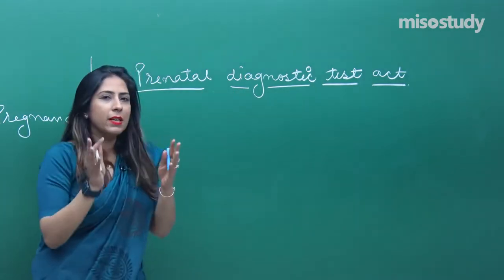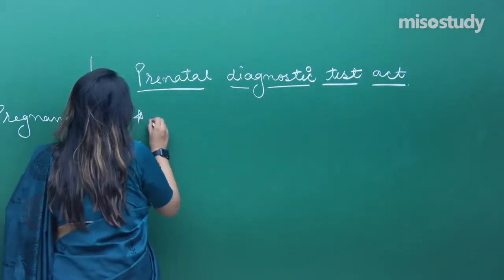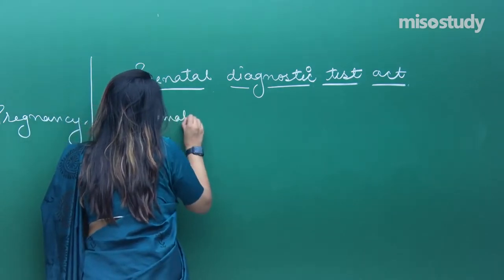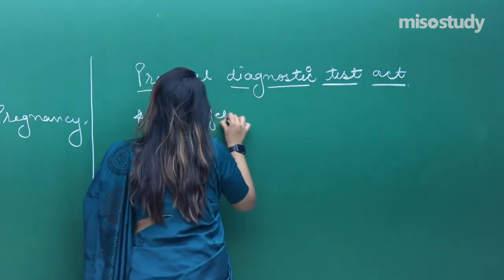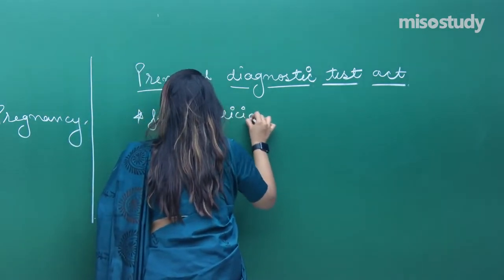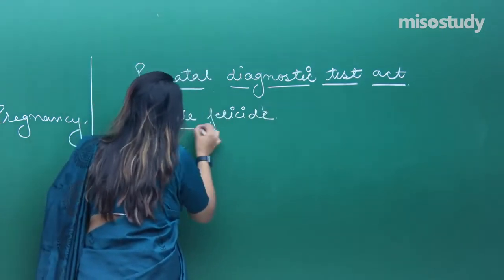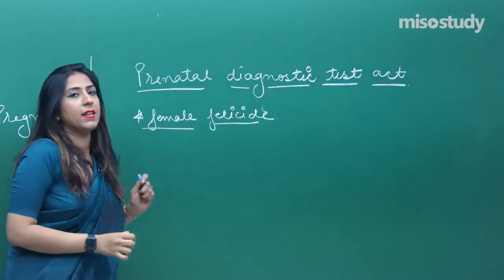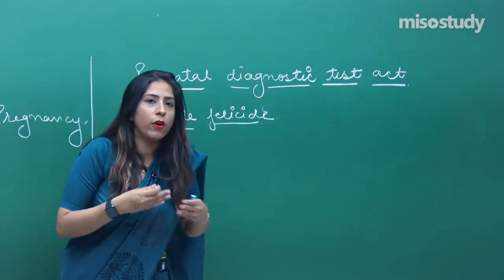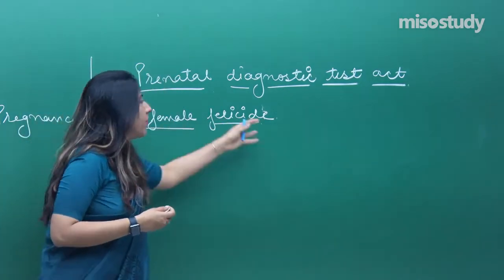Normally the major problem in India is female feticide, right? Why do people go for this particular procedure, female feticide?